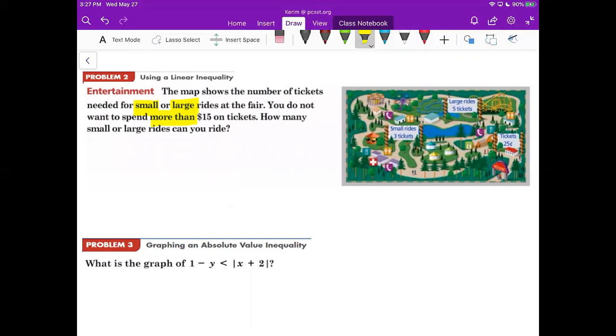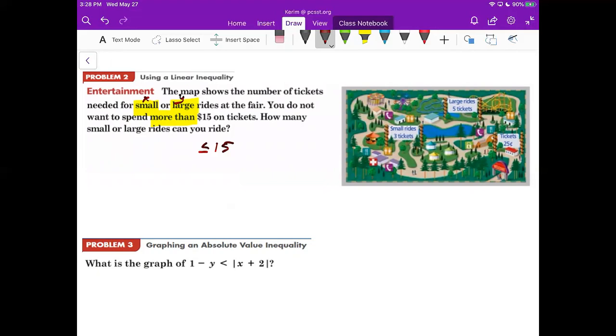I'm going to write the inequality using 2 variables, x and y. No more than is my inequality symbol, which is less than or equal to 15.